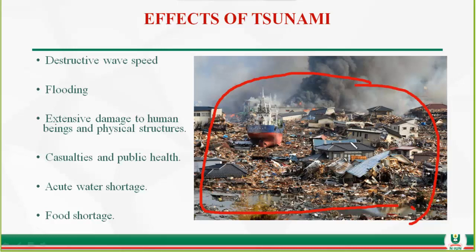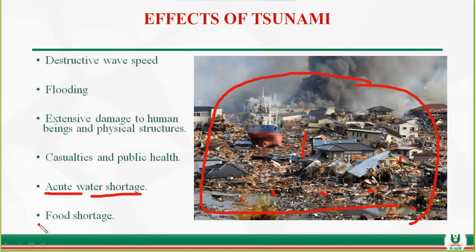Now again, you can look at this picture and see that the water here may not be drinkable, so it causes acute water shortage. Water that could be useful may not exist for some time. A lot of dirty water and an environment that is not habitable as a result of tsunami.